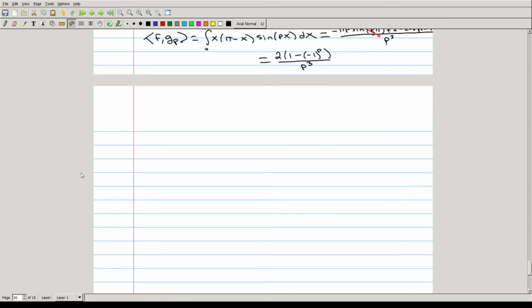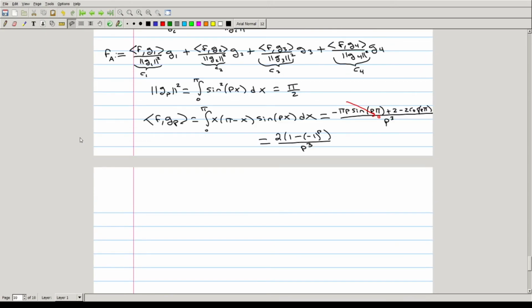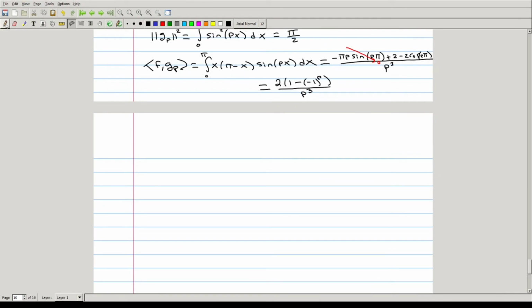So if we go through and calculate these coefficients, well, we've already calculated all the integrals, so using this to calculate the coefficients isn't too bad. For any Cp, this is the inner product of f with gp divided by the norm of gp.